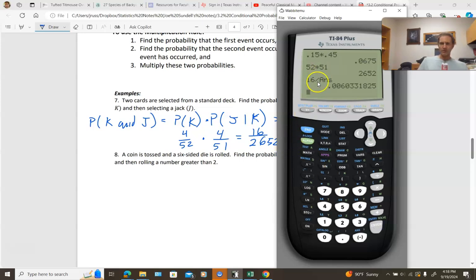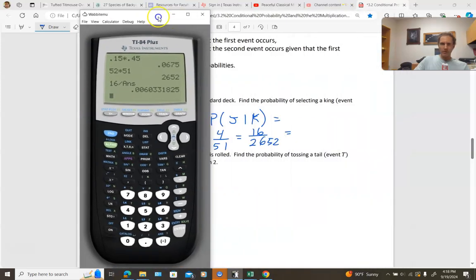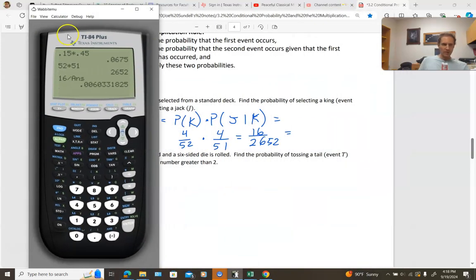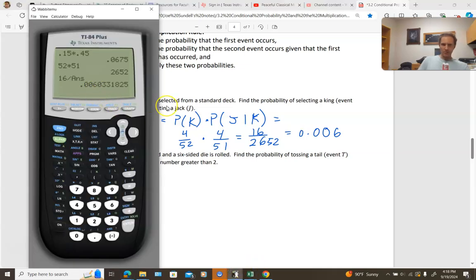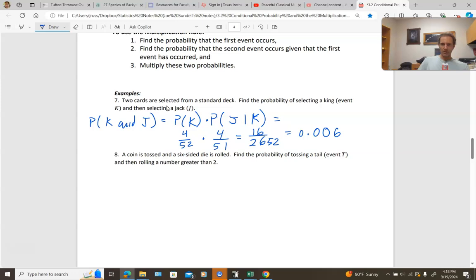And so this is going to give us 0.006. If we go to 6 decimal places, that's what it would be.